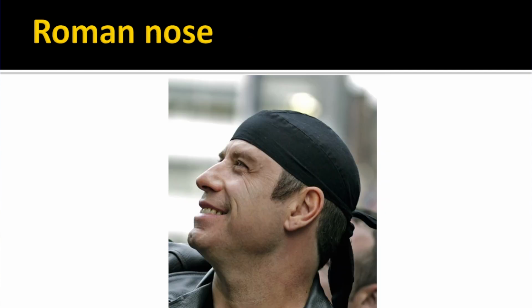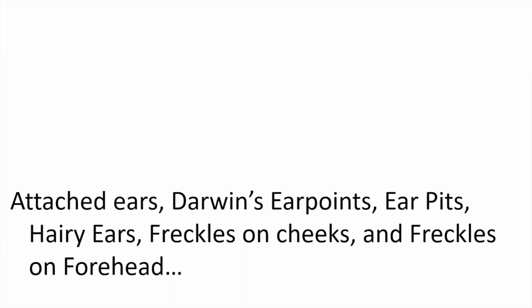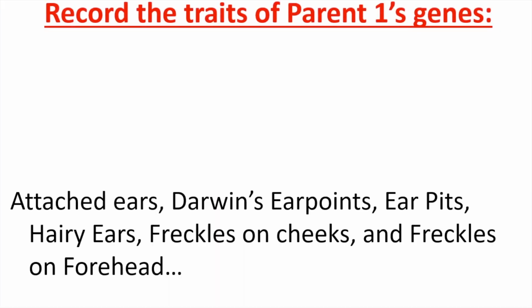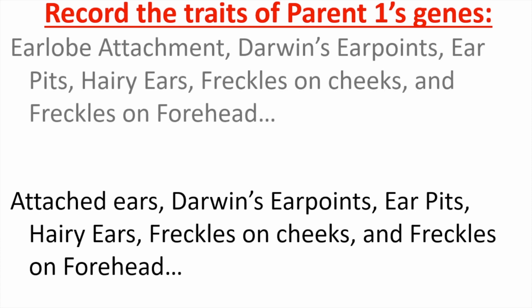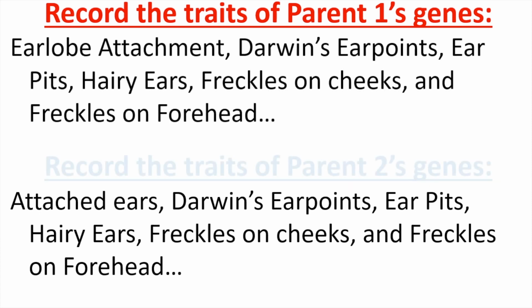Nose size, a bigger nose is dominant. Shape, if it's more of like a rounded nose, that's dominant, and more of a pointy nose is recessive. Nostril shape, if your nostrils are kind of rounded, that is a dominant trait. Earlobe attachment, Darwin's ear points, ear pits, hairy ears, cheek freckles, or forehead freckles. Those are the traits we're marking for parent 1, and then marking those genes for parent 2.